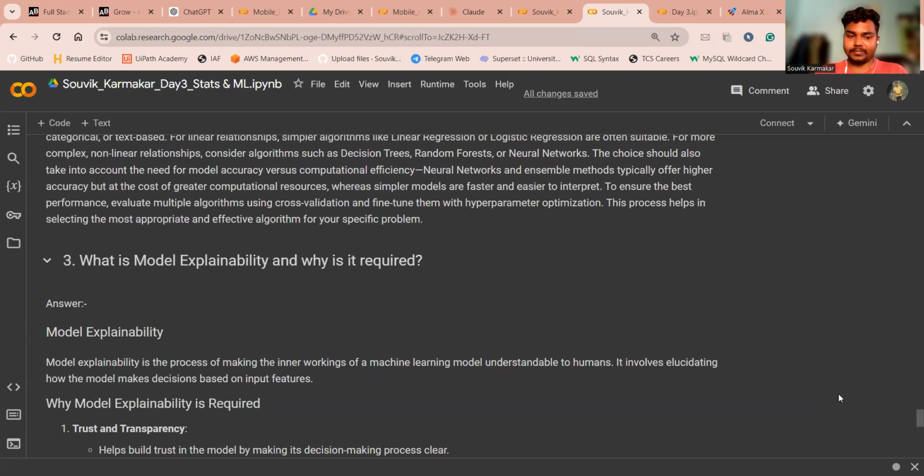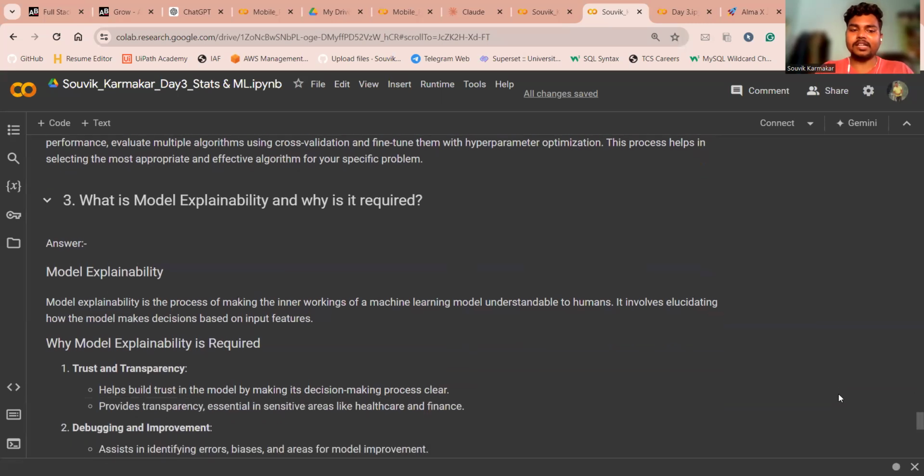Basically, it is the process of making the internal working of the algorithm understandable by humans, so that they can understand how the algorithm is working, make informed decisions accordingly, and interpret it.